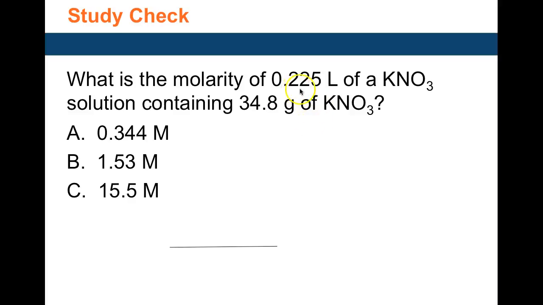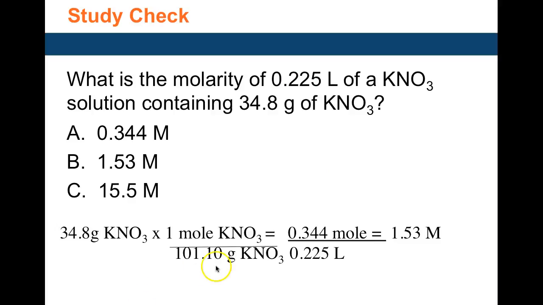Once you have the moles, divide it by 0.225 liters, and you get moles per liter, or molarity. The molar mass is 101.10. So 34.8 divided by 101.10 gives 0.344 moles, and then you divide by the liters and you get moles per liter, which is 1.53 M, and so that's B.